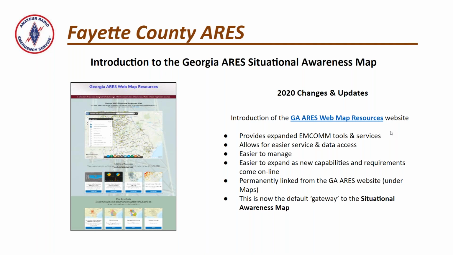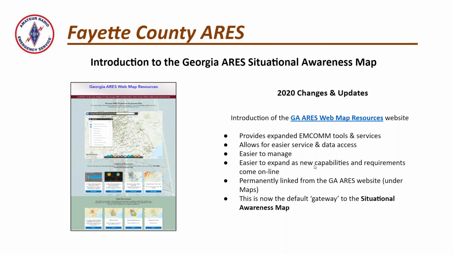It just became too kludgy to try to shoehorn this stuff into the base situational awareness web map. So what I did was I peeled all that stuff out and made them their own little applications and gave you access to it through this Georgia ARES Web Resources website. So it provides expanded access to emergency communication tools and services.